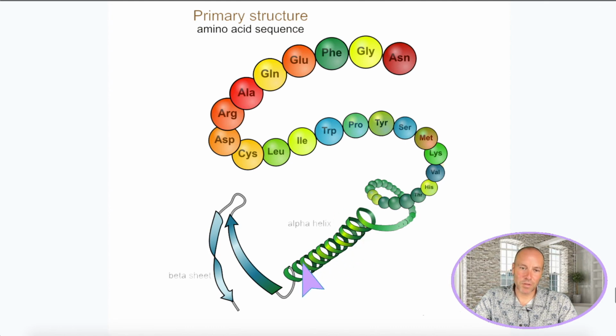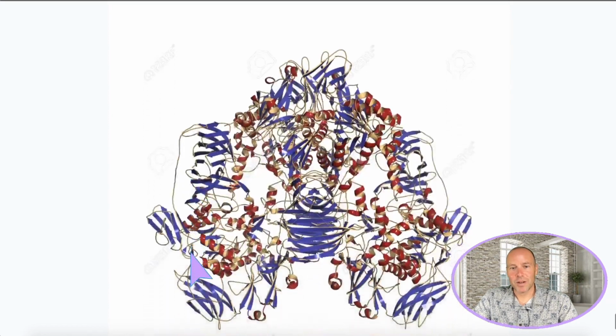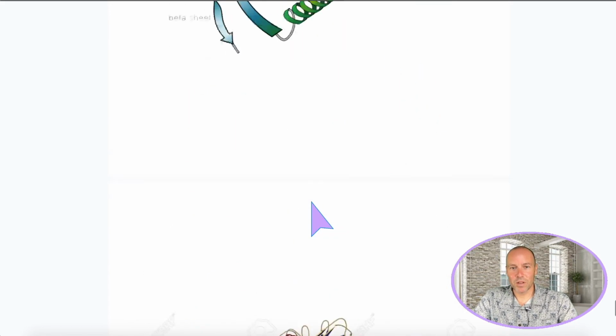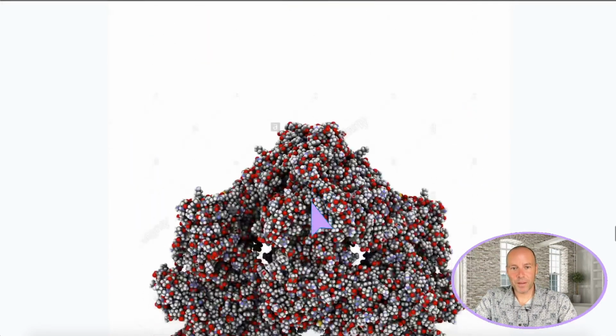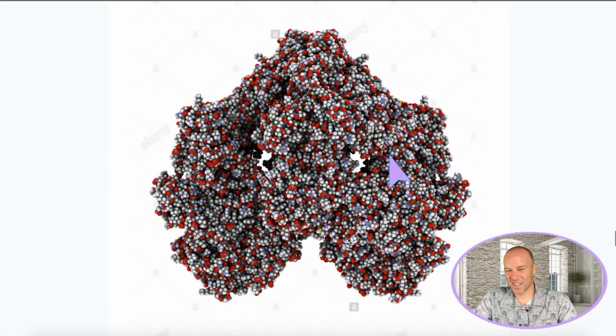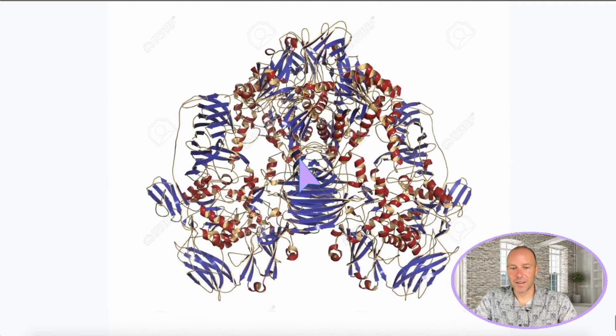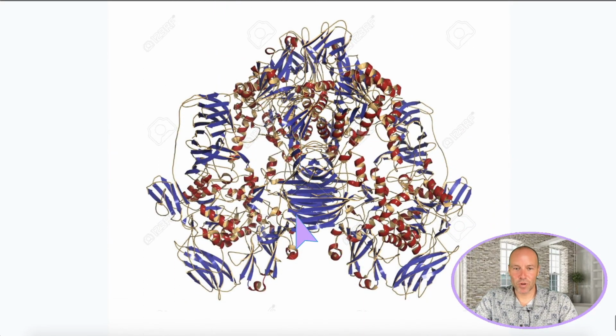Sometimes you get helical structures, sometimes they zigzag back and forth, and so you end up with drawings like this, which represent enzymes. You see a lot of these helical structures and the zigzags back and forth. This is the same lactase enzyme molecule that we just saw up here. There you go with all the atoms, but it's hard to see everything, and so maybe drawings like this can help you see the structure a little bit better.